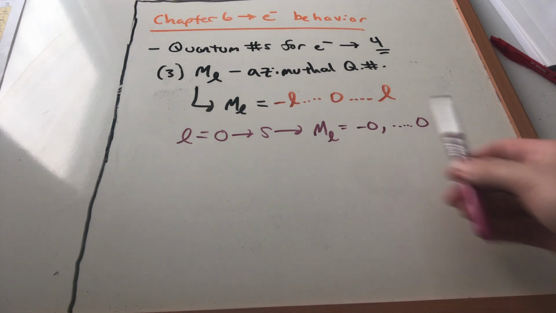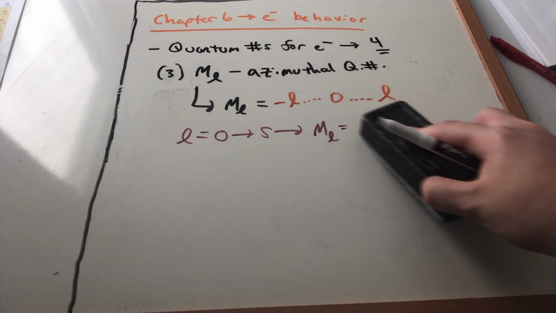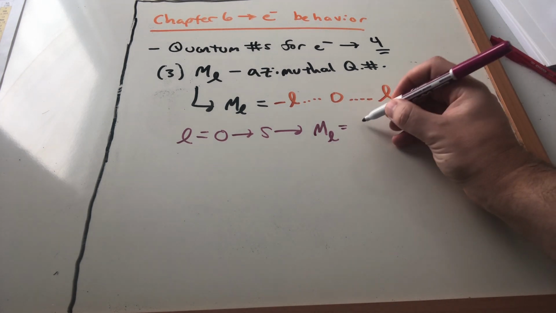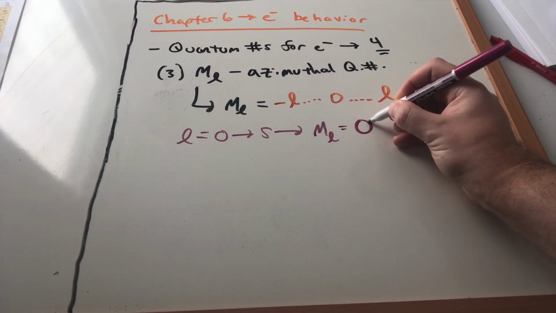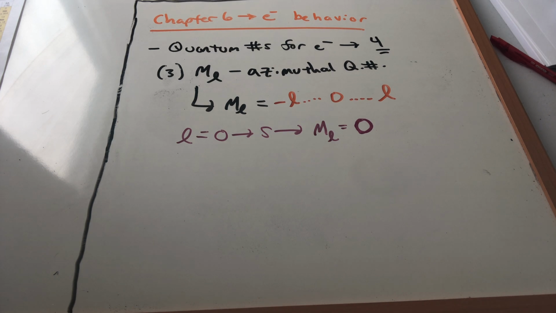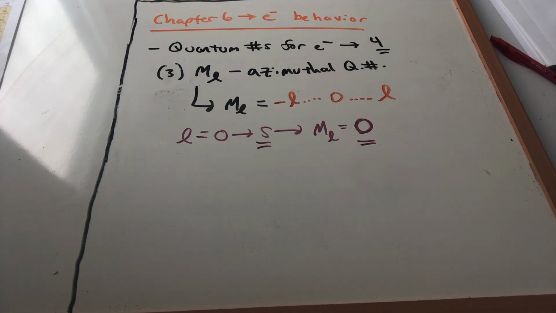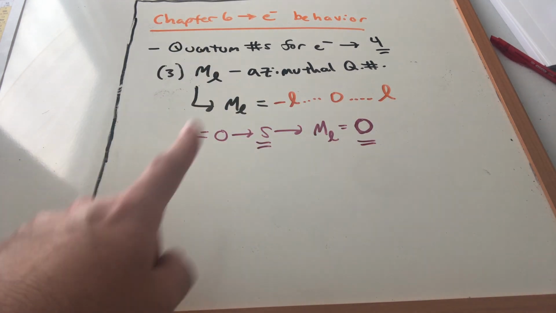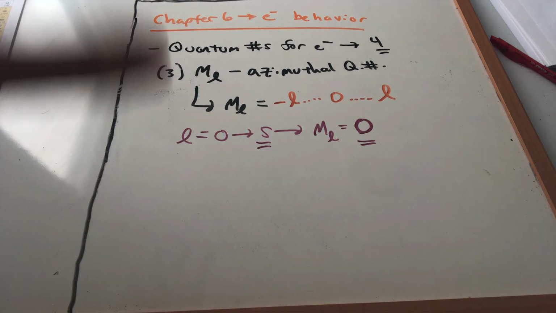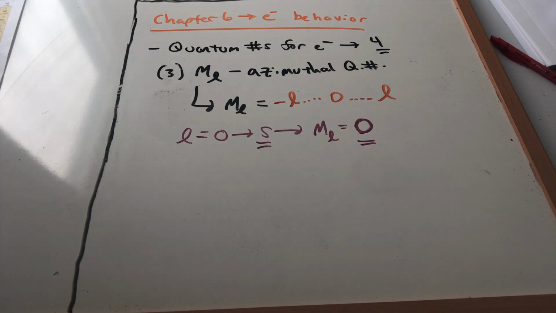So if L equals 0, the only m sub L that's allowed is 0. The only allowed orientation is a 0 orientation. That means when we have an s orbital, there's 1 m sub L allowed, so there's 1 shape, just that 1 sphere.